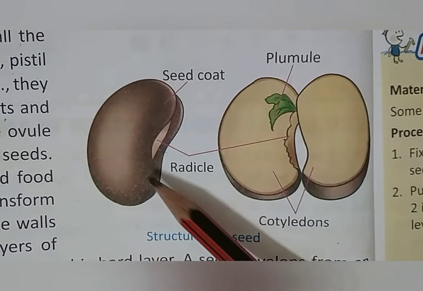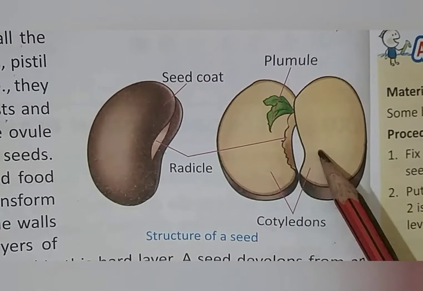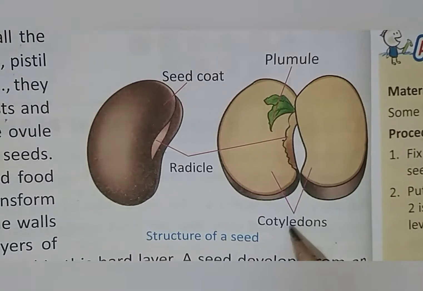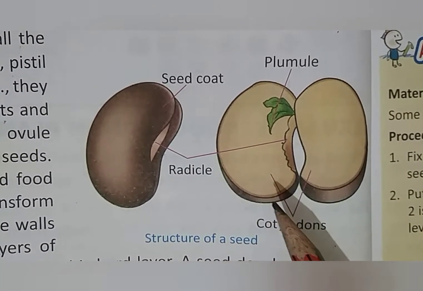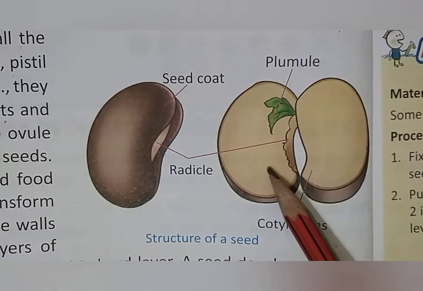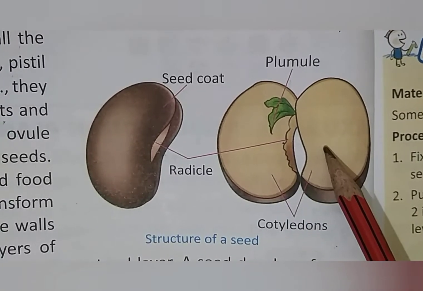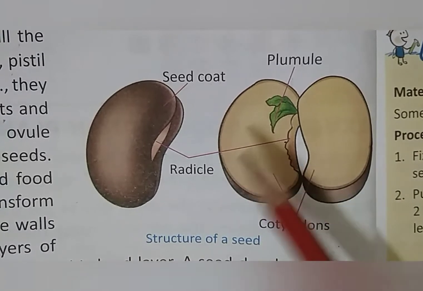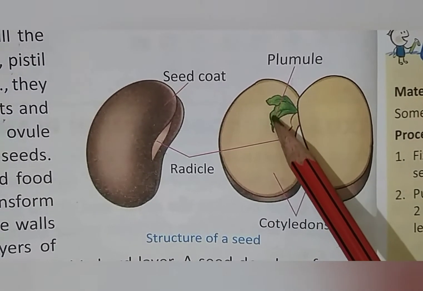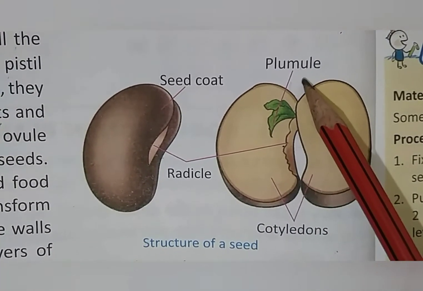Next, when you view its internal part, you can see cotyledons, plumule and radicle. The function of the cotyledon is to provide the initial growth for the plant, as well as act as an energy source. Next, you can see this leaf-like portion. This is known as the plumule.